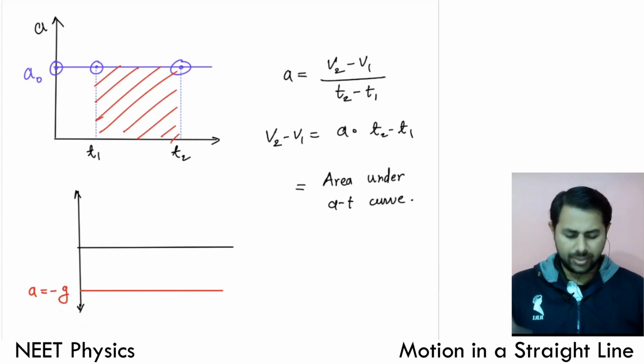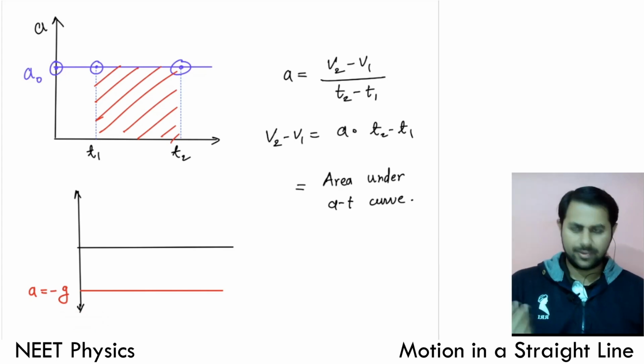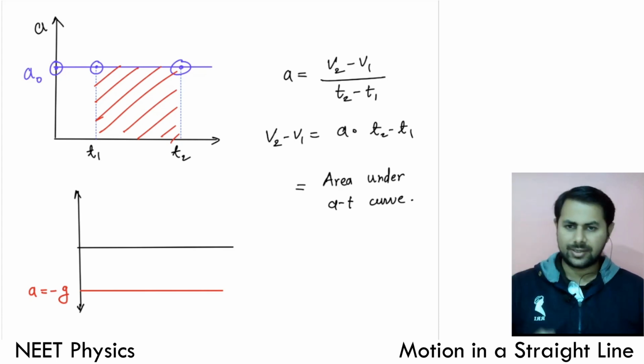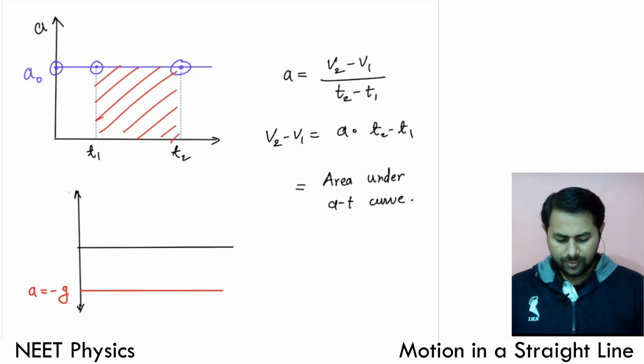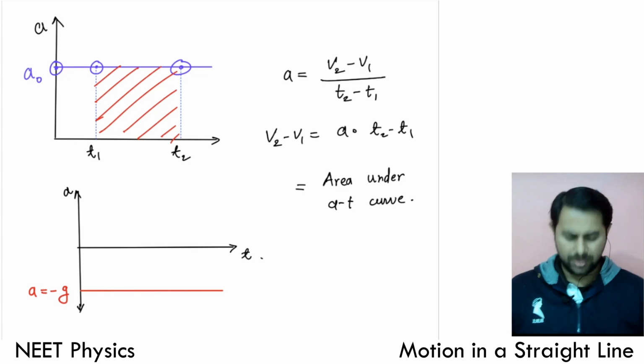Acceleration is negative, meaning it's in the negative direction. It's along the negative y-axis. That's why the graph will look like this. So this is simple, right?